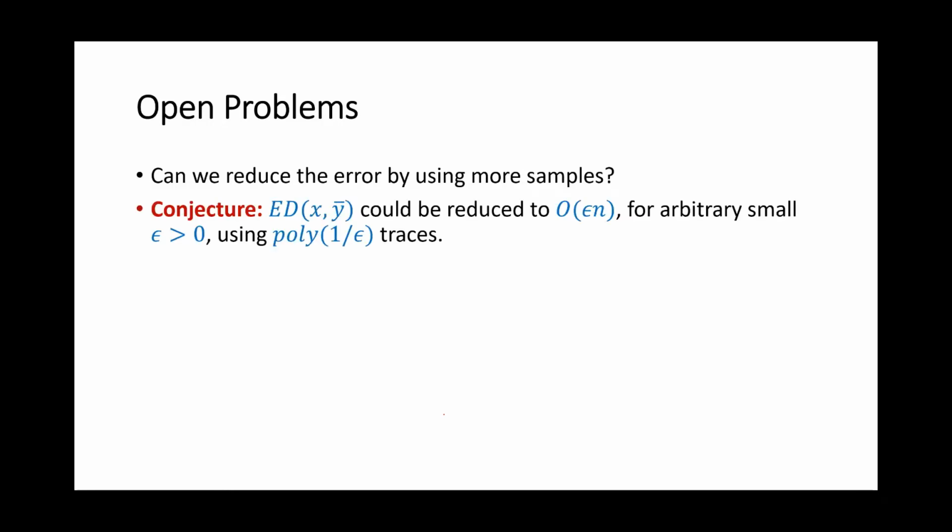We would like to conjecture that the edit distance between x, the unknown string, and the approximate median y bar could be reduced to epsilon n for arbitrarily small epsilon using poly 1 over epsilon traces. And if this conjecture is true, that directly gives us an approximate trace reconstruction algorithm where the output string z will be at distance at most epsilon n for arbitrary epsilon.